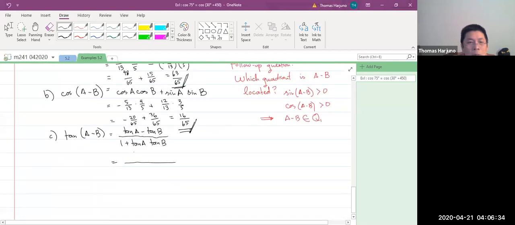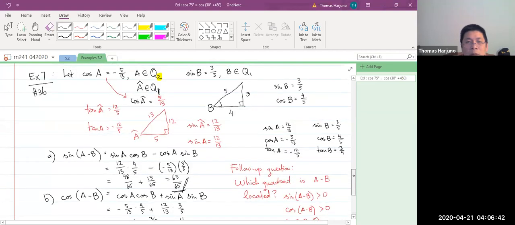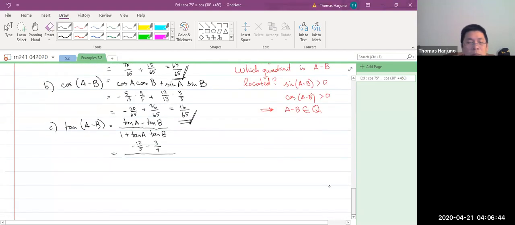So this will be negative 12 over 5 minus 3 over 4, over 1 plus negative 12 over 5 times tangent B, which is 3 over 4.